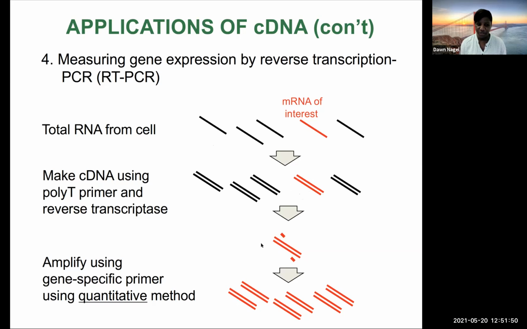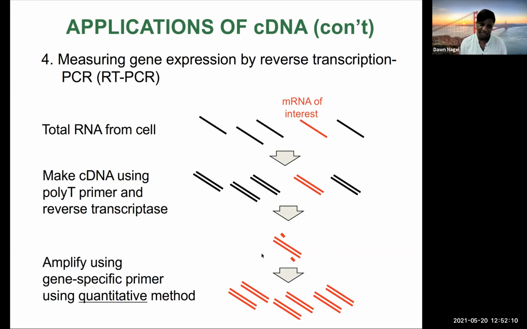And you can do this because you know the gene you're interested in from the genome, right? So you know what that gene is. You can design primers to isolate just that cDNA, okay, and look at the expression of just that gene.